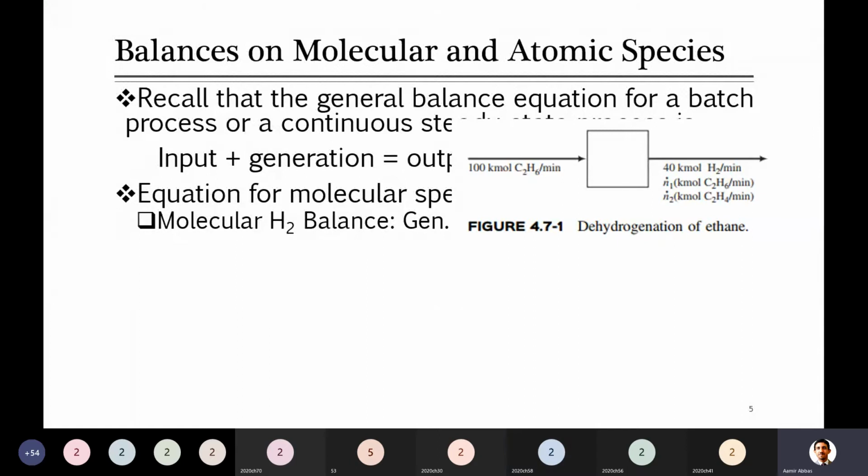I didn't bring the equation here, but the system is the same. You can see the diagram on the screen. Something is entering the reactor, C2H6, and that's the same reaction I showed you at the start of the lecture, where C2H6 is dehydrogenated and C2H4 is produced. So hydrogen is generated, and the generation term will stay there as well.